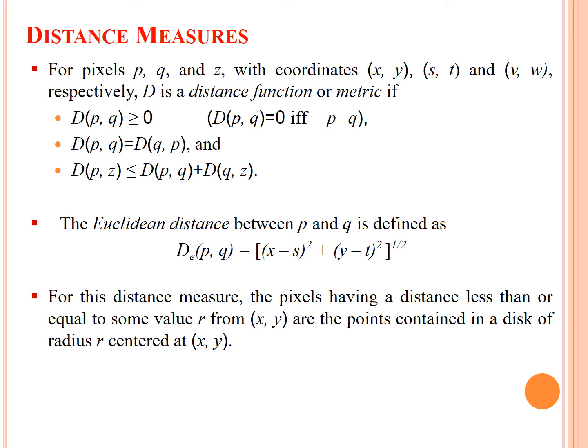The Euclidean distance between p and q is defined as D(p,q) = square root of (x − s)² + (y − t)². For this distance measure, the pixels having a distance less than or equal to some value r from (x, y) are the points contained in a disk of radius r centered at (x, y).